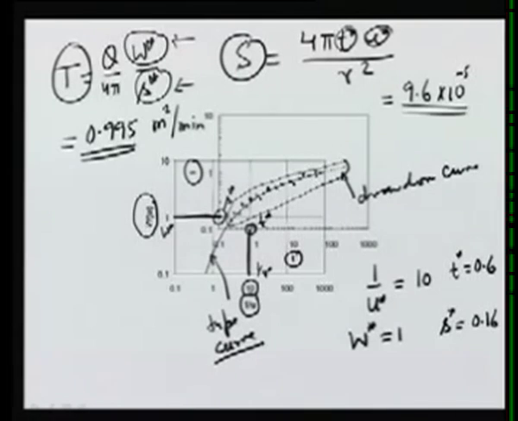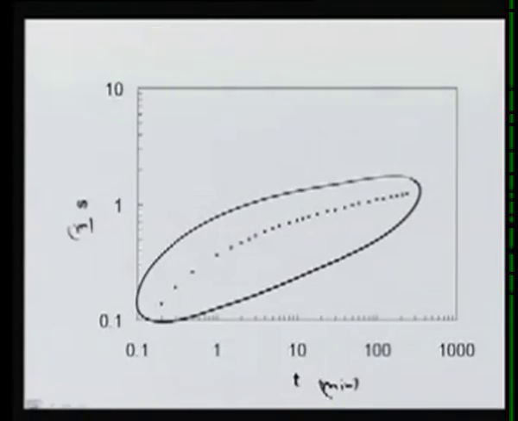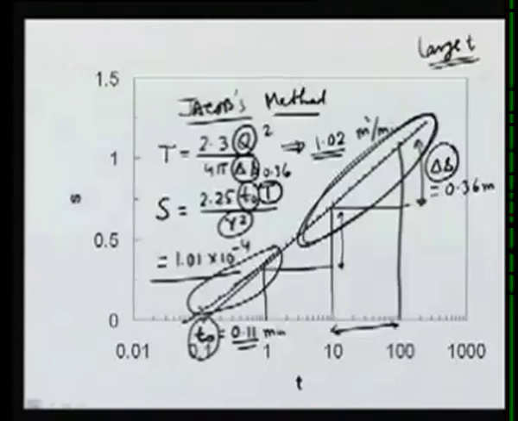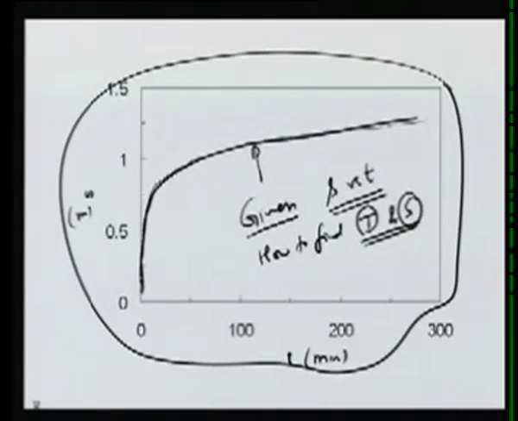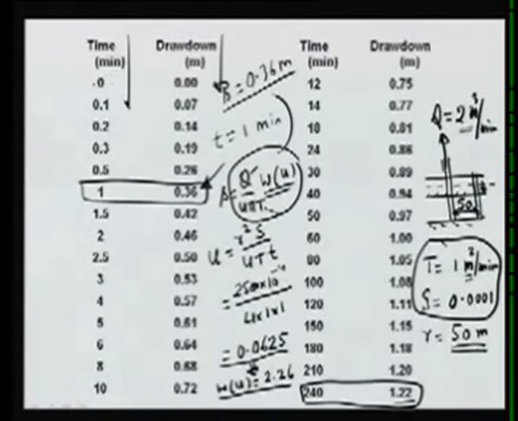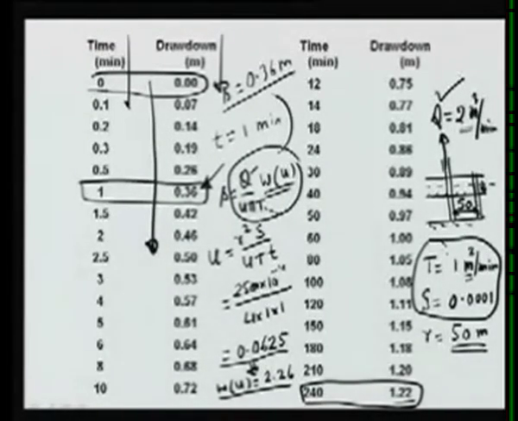Now let's look at the first slide which we had, which showed us time versus drawdown for values of Q equal to 2, T equal to 1, S equal to 0.0001, and R equal to 50.